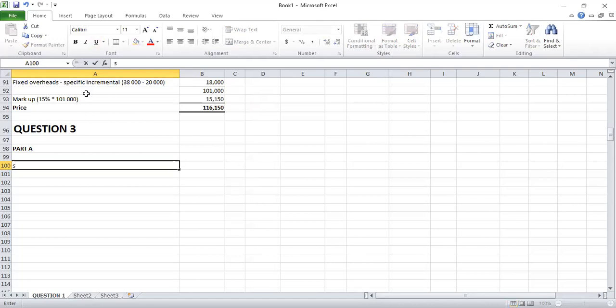We know that selling price variance would be equal to actual selling price, which we are looking for, minus budgeted or standard selling price, multiplied by actual quantity sold.